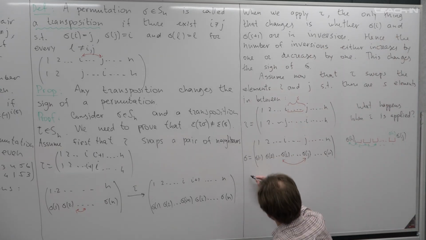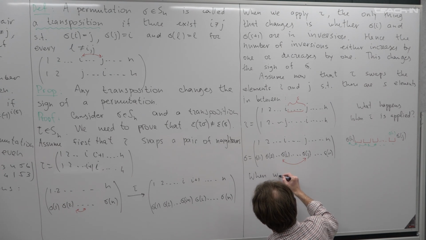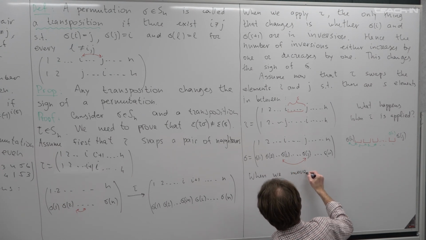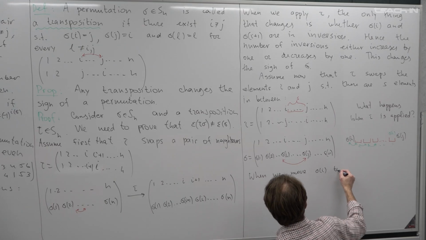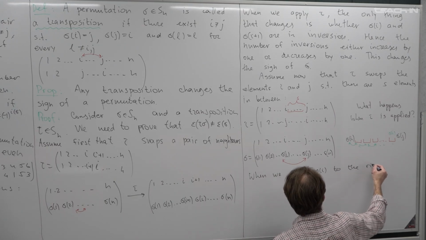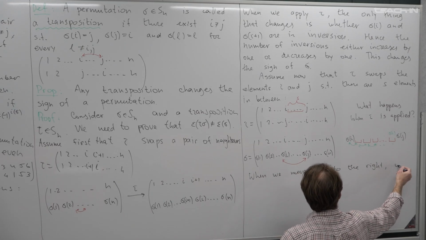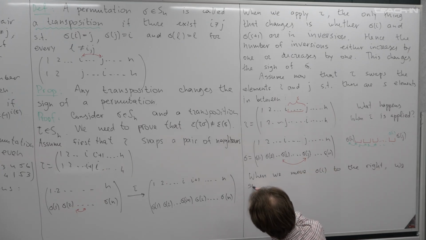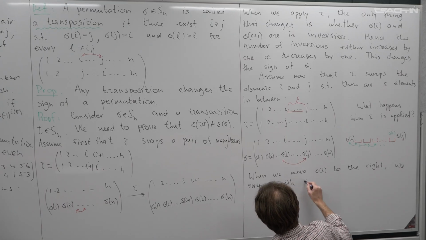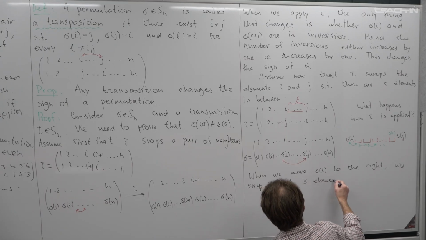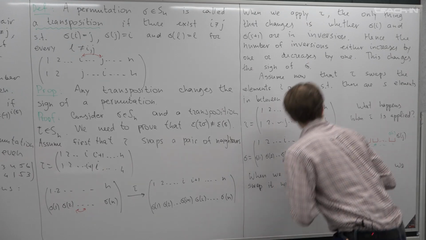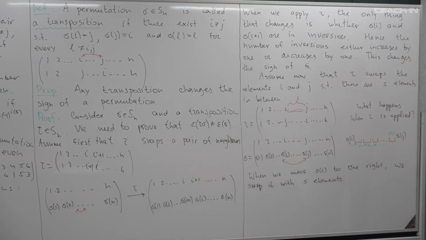So when we move sigma of I to the right, we swap it with S elements. Okay, and then what needs to be done next?